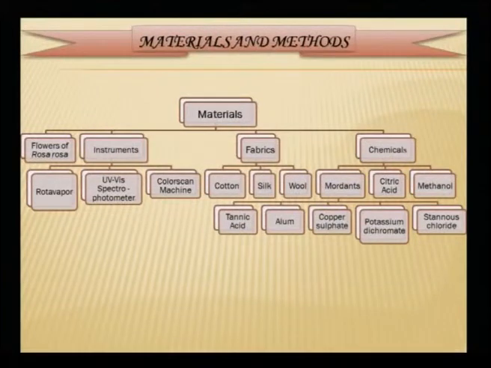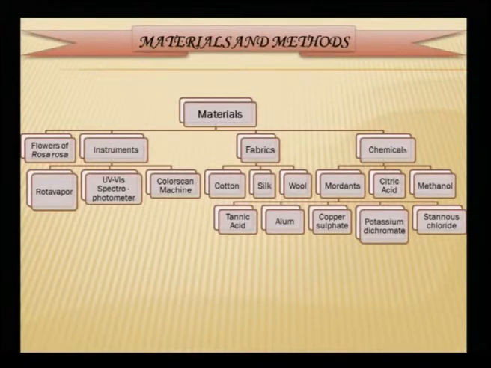Now, if one has to take a look at how the material can be used for dyeing, the flowers of rose, whose botanical name is Rosa rosa, are taken and extracted. The instruments used for the measurements were a UV-vis spectrophotometer and a color scan machine. Three types of fabric were used: cotton, silk and wool.